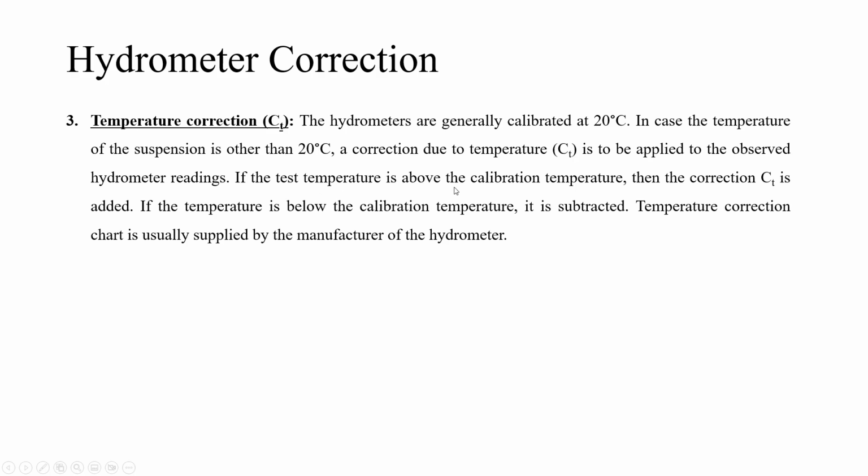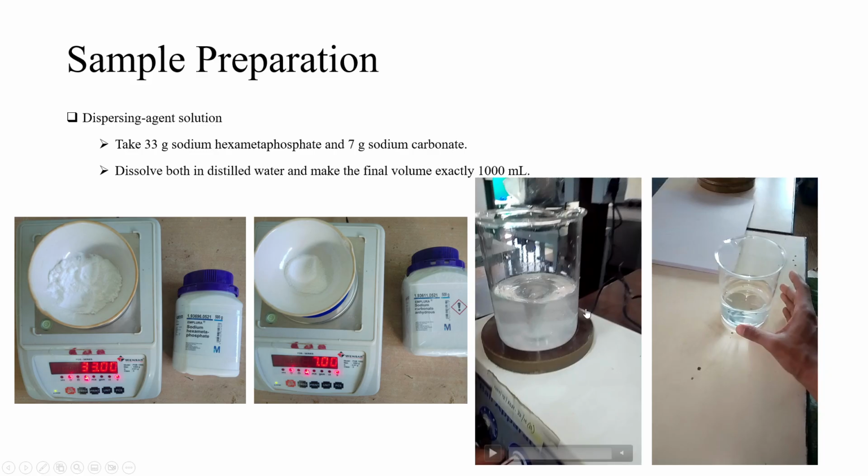If the test temperature is above the calibration temperature, the correction is added, and if the temperature is below the calibration temperature, it is subtracted. The temperature correction chart is usually supplied by the manufacturer of the hydrometer, or we can calibrate or find it in the laboratory itself.